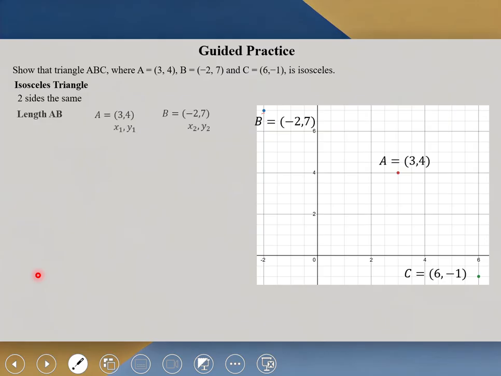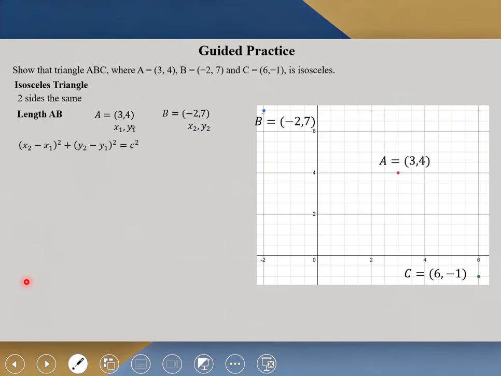If I'm looking for the length of AB, I've just rewritten my two coordinates with x1, y1, x2, y2. We need to think about what the rule is for the length of a line segment, which is Pythagoras' theorem. For a we're going to say x2 minus x1, and for b we're going to have our rise, which is y2 minus y1.